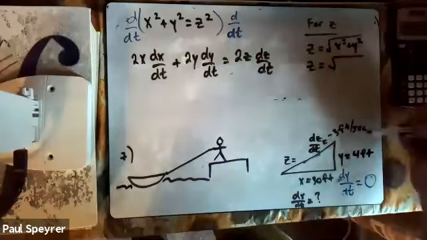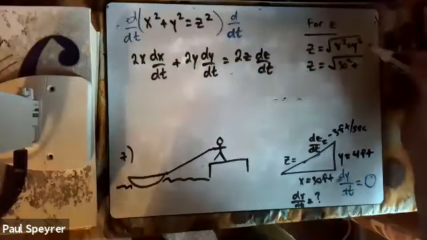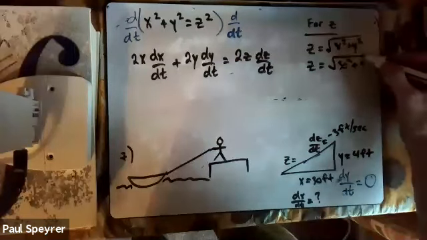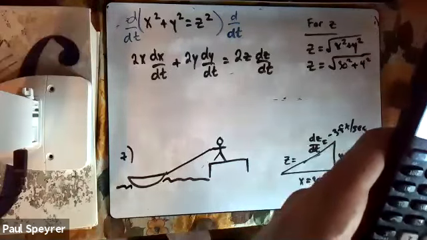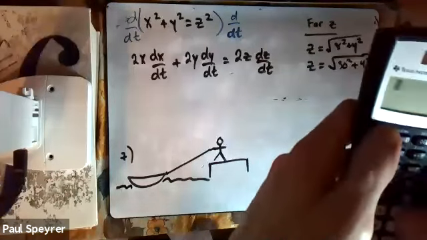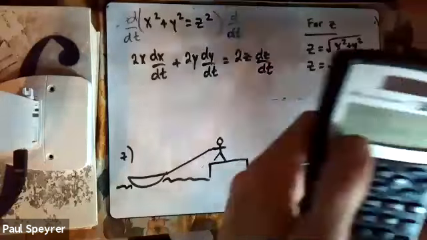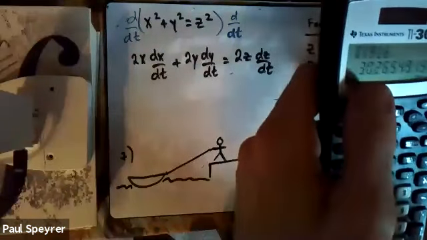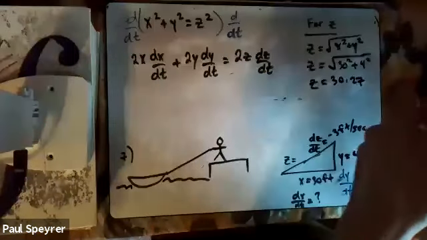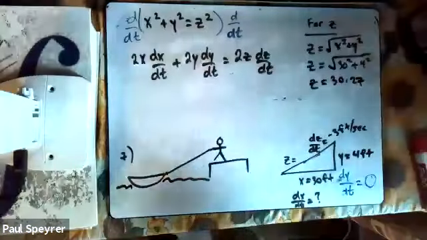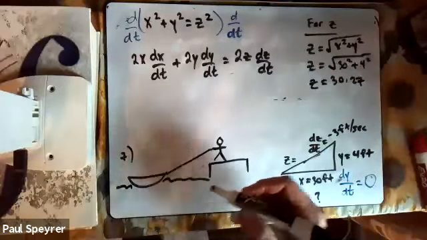So in this case, we have 30 squared plus 4 squared. So you get z equals 30.27. Okay, so we have that. And now let's plug in all these values and solve for dx/dt.